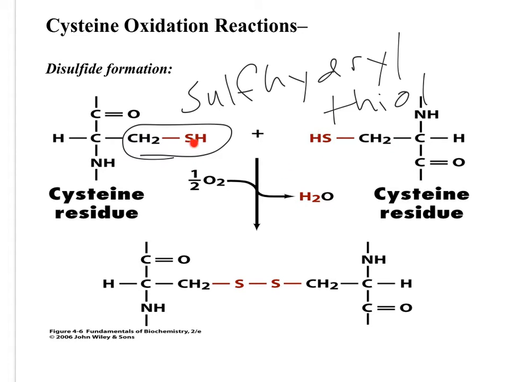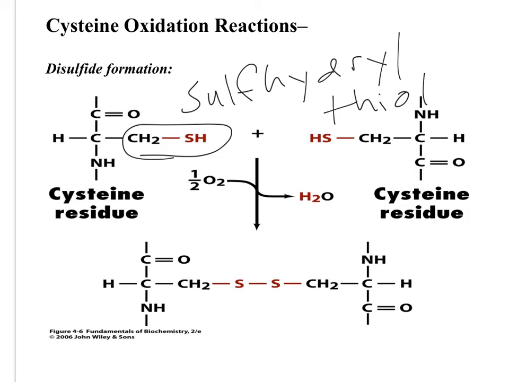So this is showing a chemistry that takes place that leads to the joining up of these two sulfhydryls to form something called a disulfide. And this is an oxidation event. And in fact, many times this disulfide formation, where you're going back and forth between the disulfide bond and the free thiols, is used in the cell as a way to measure the oxidative stress of the cell.